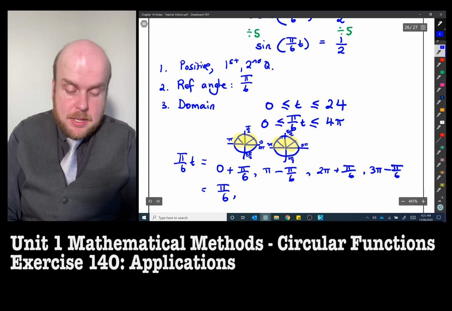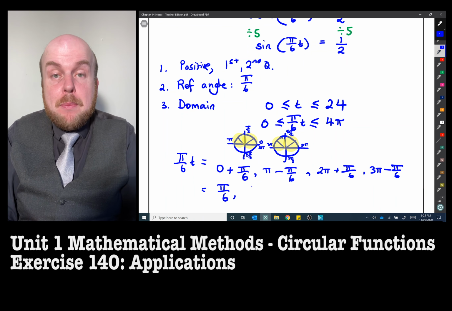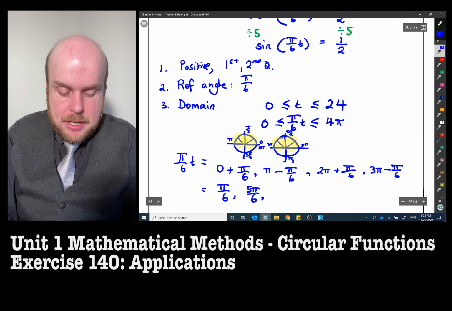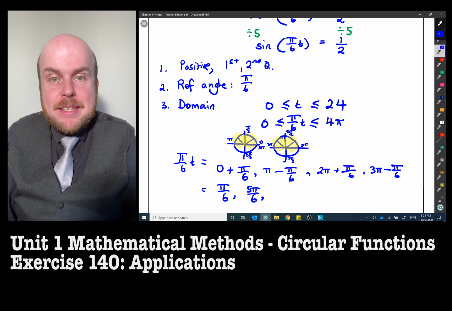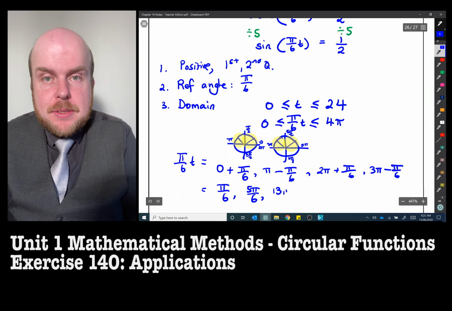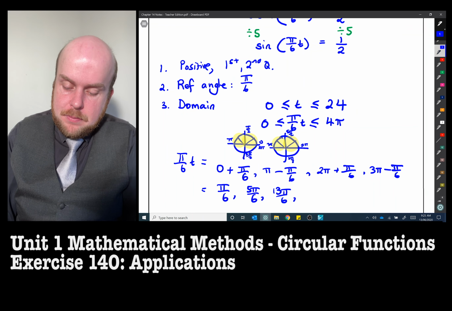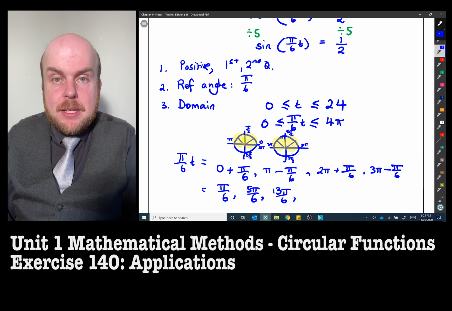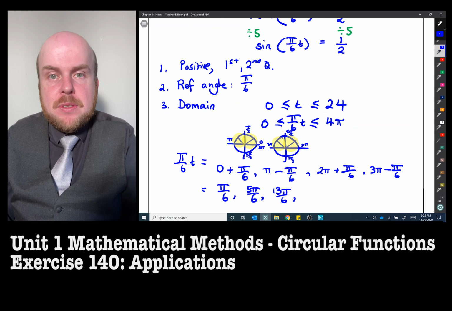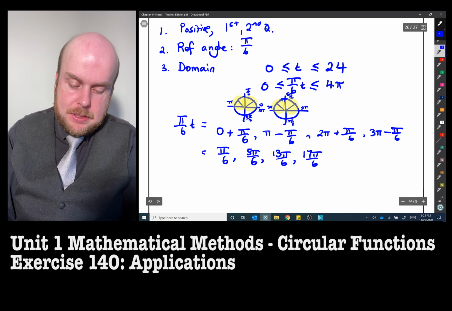So we can do that arithmetic. The first is pi on 6. If I've got a pi, take away 1/6 of a pi, that's 5/6 of a pi. Got 2 pi and I add 1/6 of a pi: 2 pi is the same as 12 pi on 6, so that's 13 pi on 6. Then we've got 3 pi, take away a pi on 6. 3 pi is 18 pi on 6, take away a pi on 6 is 17 pi on 6.